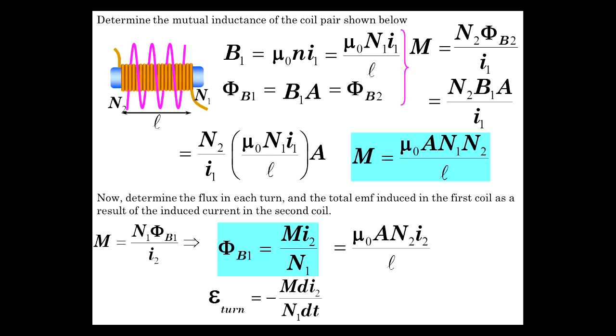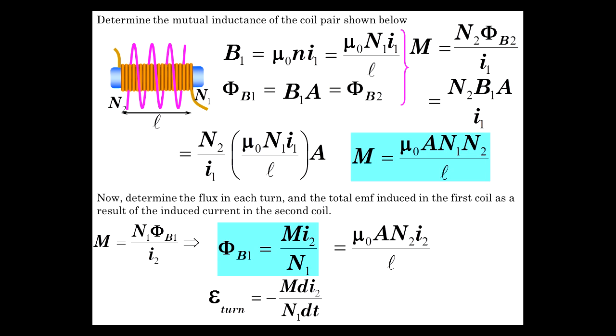Now, the EMF per turn then is just M over N1 here times the rate at which the current changes, di2 dt. Now you'll notice that the EMF per turn, of course, is divided by N1, because again, we have the mutual inductance, which is the product of both. So it's really not dependent on how many turns.